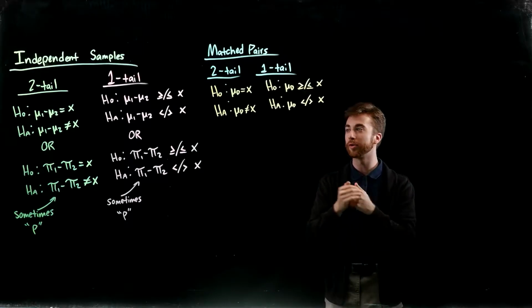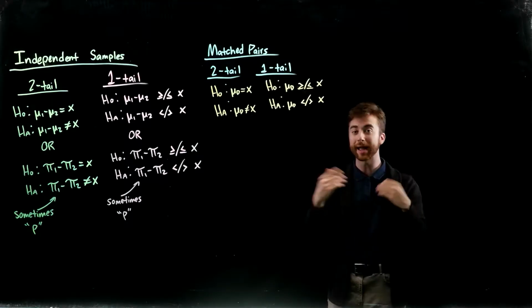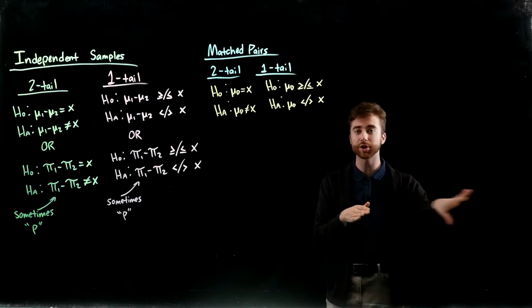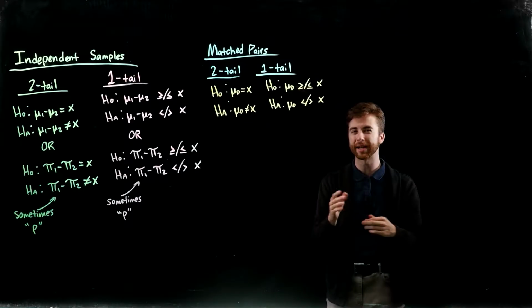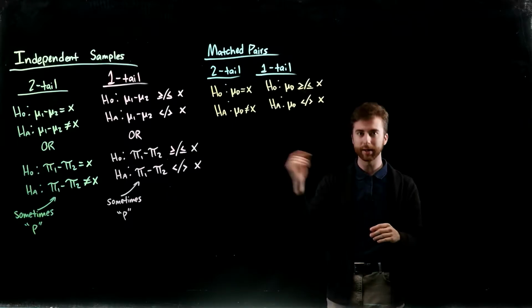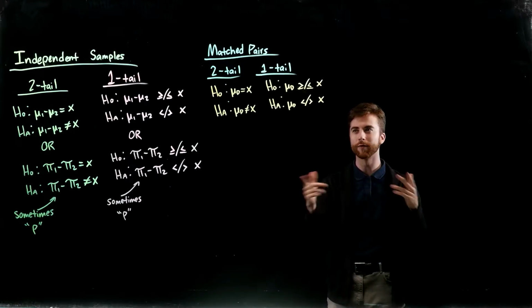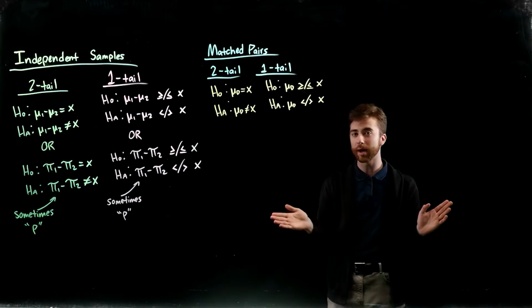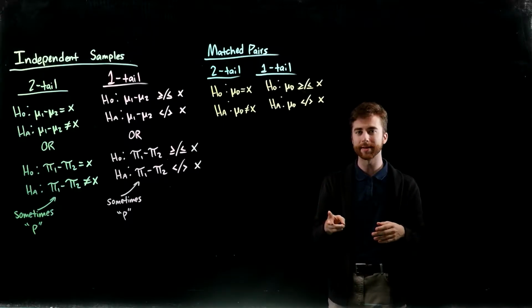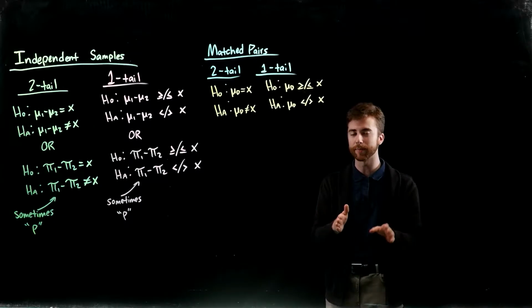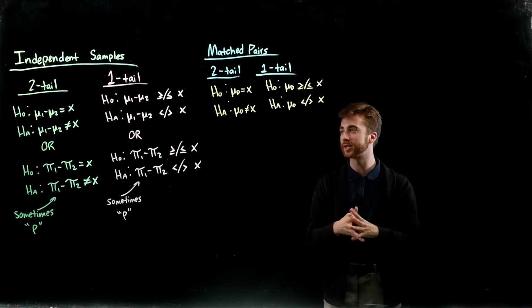And if I'm wondering whether one mean might be greater than the other mean, so I'm concerned with one direction only, whether it's larger or smaller, it's going to be a one-tailed test. Again, if you're still shaky on that, I'll link the video where you can see the overall idea of how you decide whether it's one-tailed or two-tailed. But odds are, by the time you've gotten to two sample hypothesis testing, you probably have a more firm grip on that than before. So look at that if you're still uncertain about it.